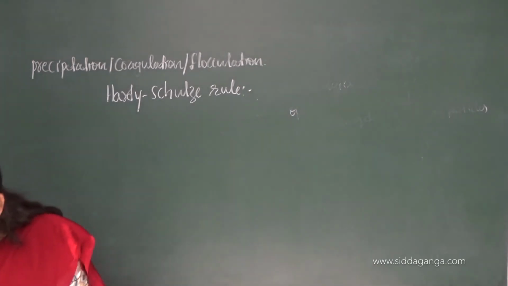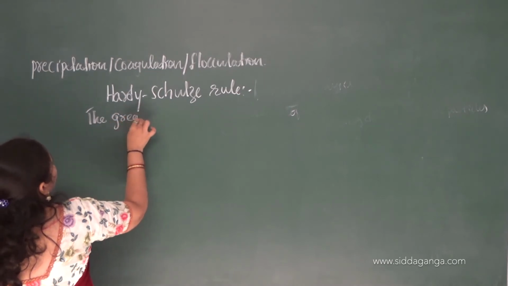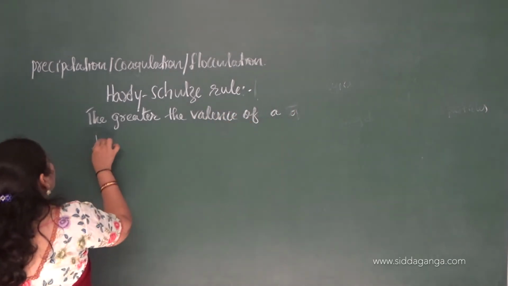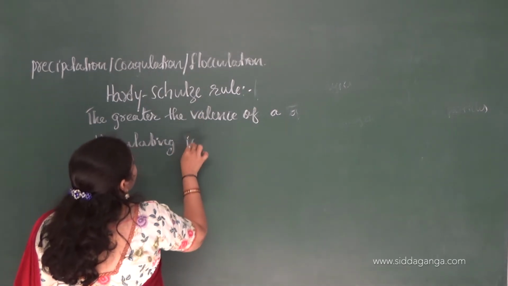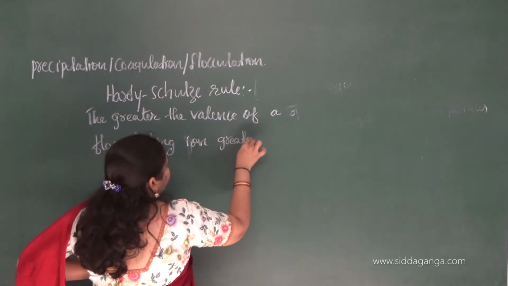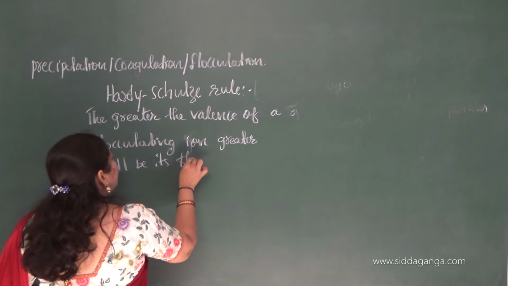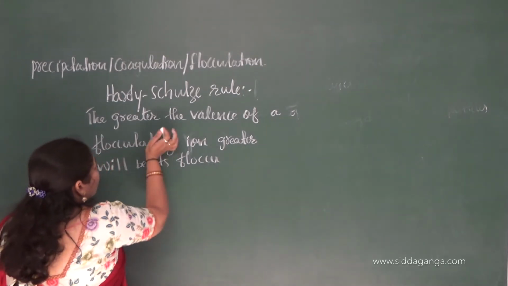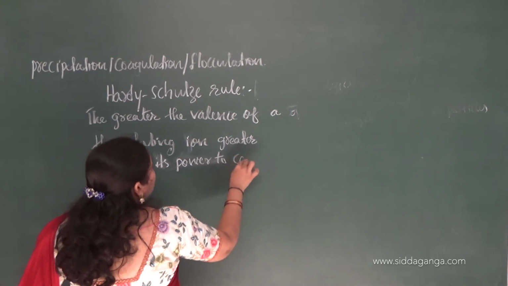The greater the valence of a flocculating ion, greater will be its flocculating power, or we can say greater will be its power to cause precipitation.